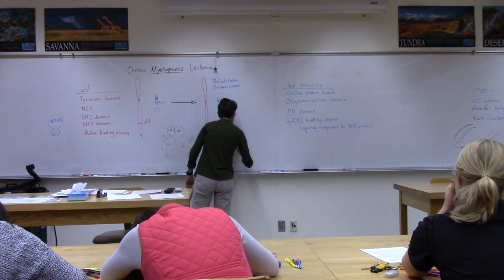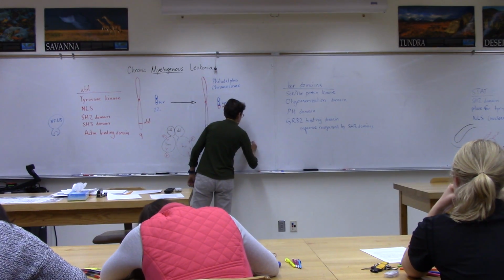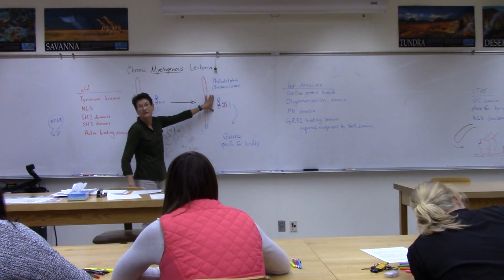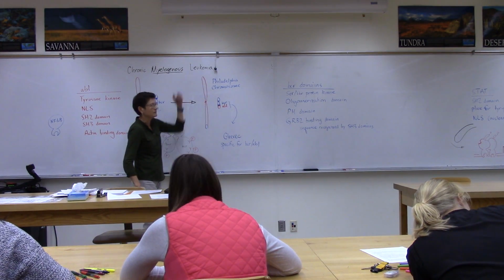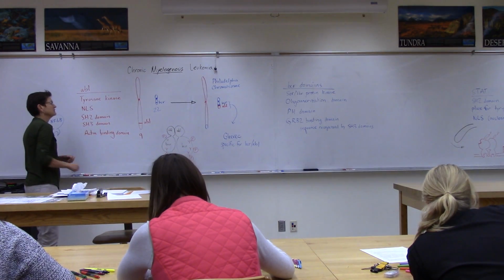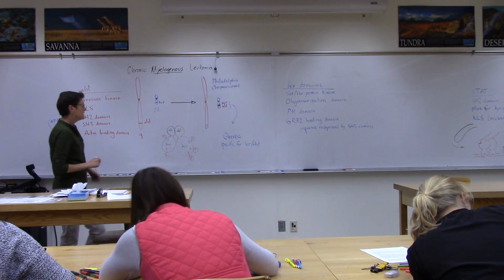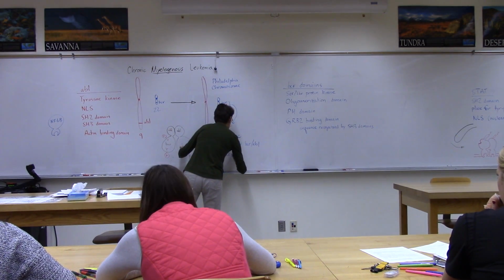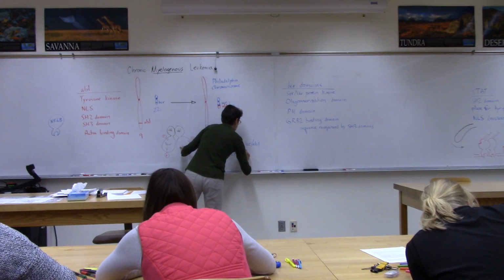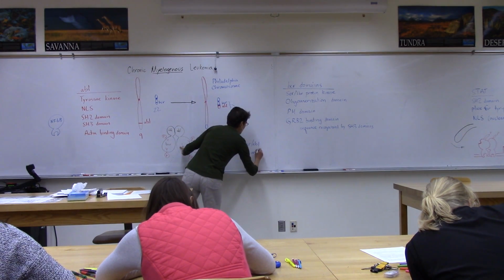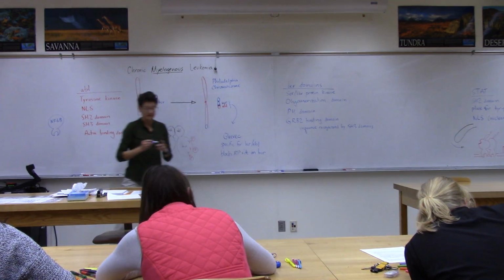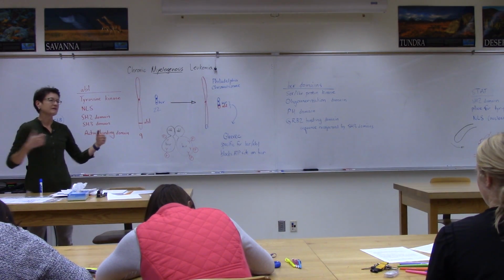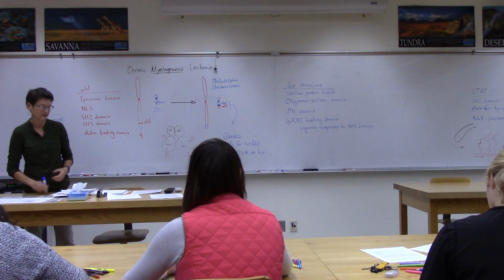In other words, it only works in cells that have a Philadelphia chromosome, which is those myeloid cells that are causing chronic myelogenous leukemia. It binds to and blocks the ATP site on the kinase, so Gleevec won't allow ATP to bind.